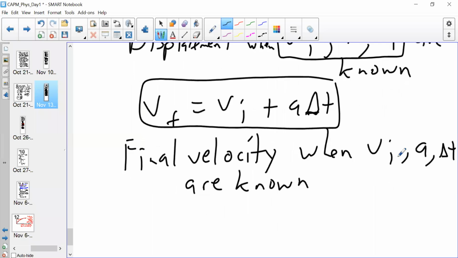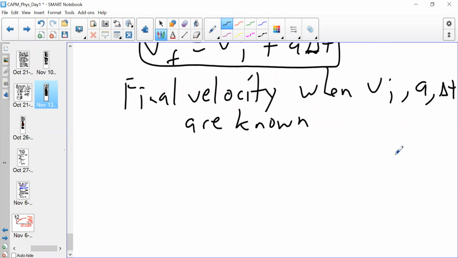Delta t are known. And then, let's see, next equation, and in no particular order. This will be the third equation for now because I wrote it third.